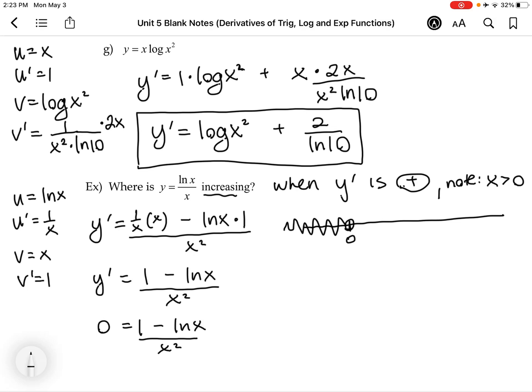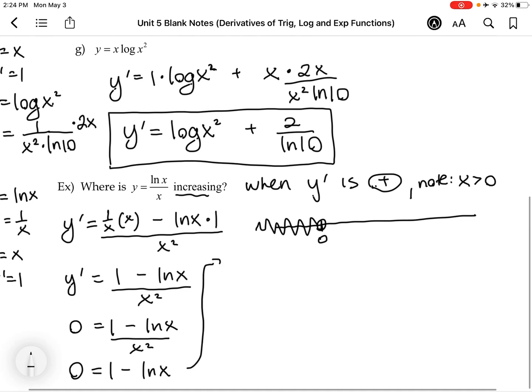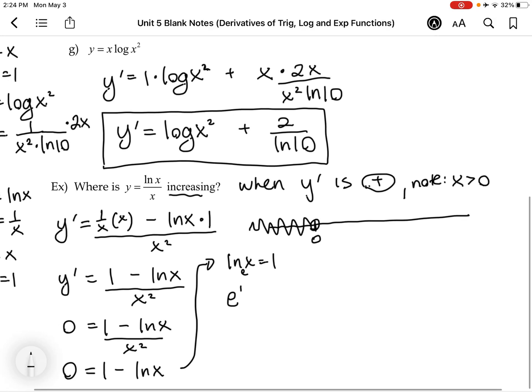So we really need to find the critical number, solve this equation, 0 equals 1 minus ln x, which means ln x equals 1. Okay, now to solve this, you need to think about exponential form. The base of this logarithm is e. So if we switch this into exponential form, we're going to have base e to the exponent 1 equals x, which means that x equals e. So our critical number is e.